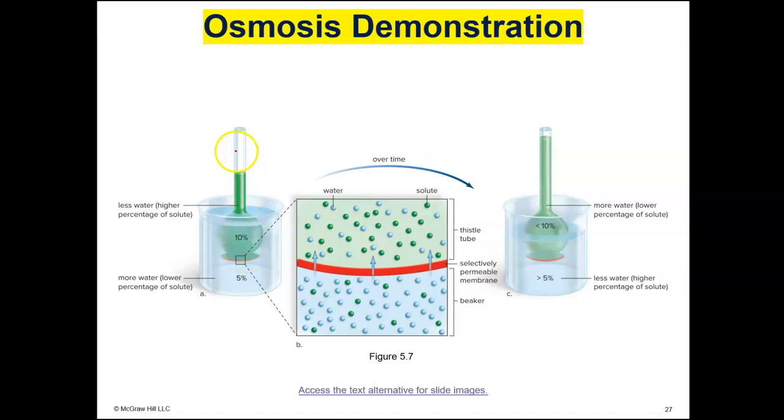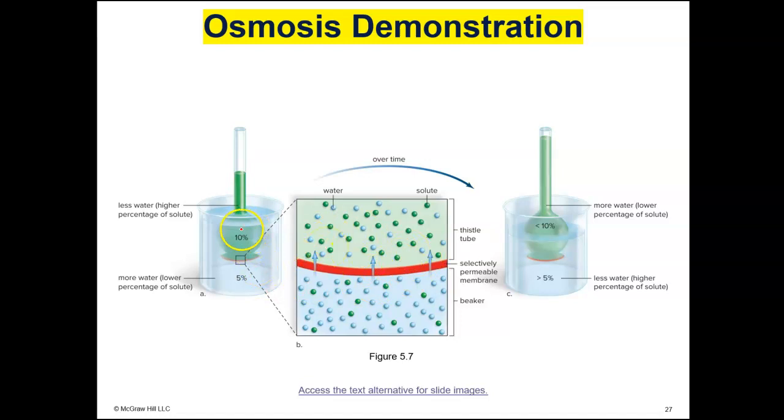It's a tube that has a solution in it, and we'll just say that it's glucose dissolved in water. And then the tube has a membrane covering over top of it that's similar to a plasma membrane. It's like dialysis tubing. It will allow water to pass, but it won't allow the green solute molecules to pass.